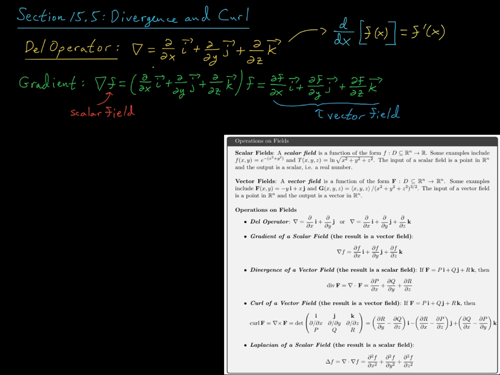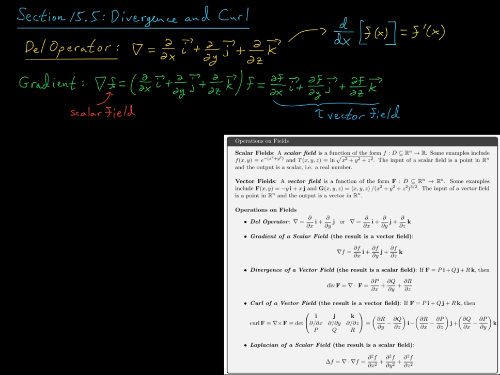So start here with the gradient. We know that if I want to compute the gradient of a function f, I just form the vector whose i component is the x derivative of the function, the j component is the y derivative, and the k component is the z derivative. Now I can think about this in a slightly modified way in terms of scalar fields and vector fields.